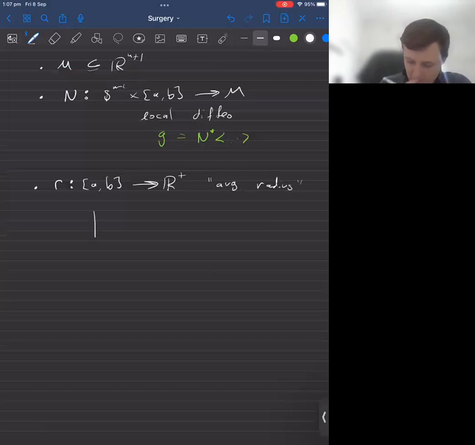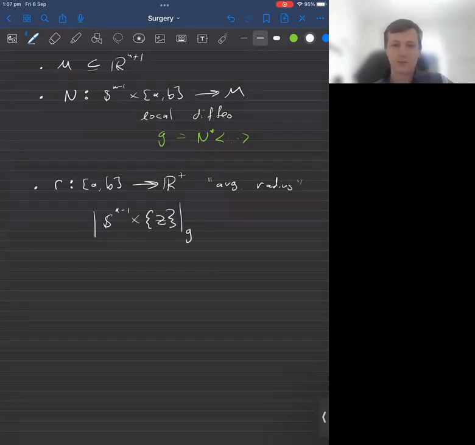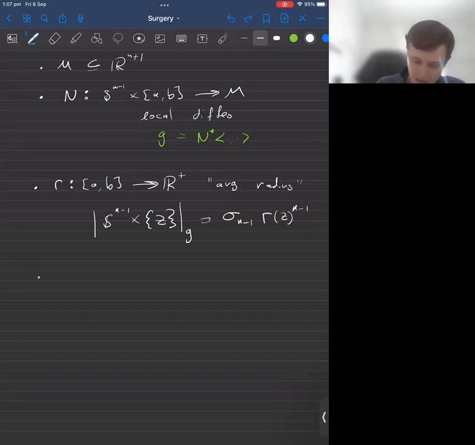If I take the volume of one of these cross sections in this pullback metric, this is going to be the volume of the standard sphere times R(z) to the n minus 1. So this gives us the average radius at each cross section. And let G bar be the standard metric on the cylinder.